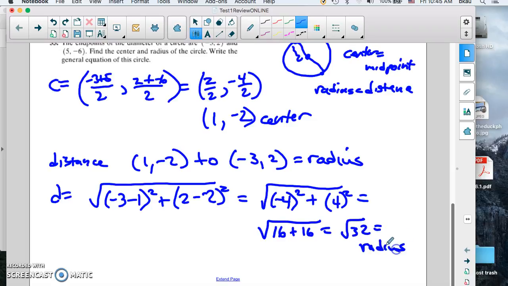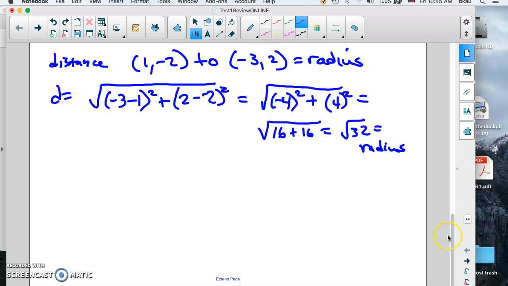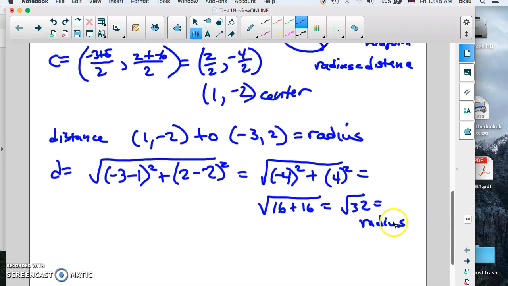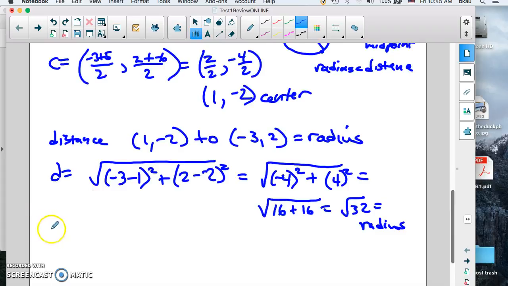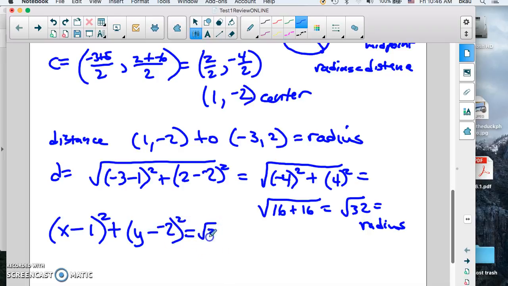Well, we're lucky that the equation for the circle has a radius squared in it, so we don't really need to take the square root of it, get a decimal, because when we square this, it's going to give us 32 back. So our equation is going to be x minus our center point, which was positive 1, and then y minus our center point, which is negative 2, and our radius was the square root of 32, but we're going to square that.